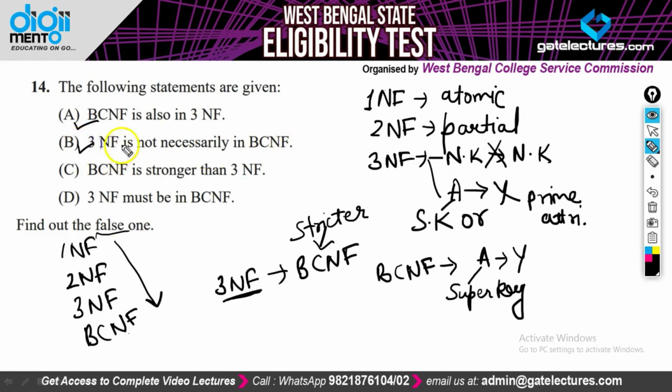Yes, true. BCNF is stronger than 3NF. Yes, true. 3NF must be in BCNF. Not necessary, no? These two statements are contradictory, and it is not necessary that 3 normal form must be in BCNF. So option D is wrong. We have to pick out the false one, so option D is right.